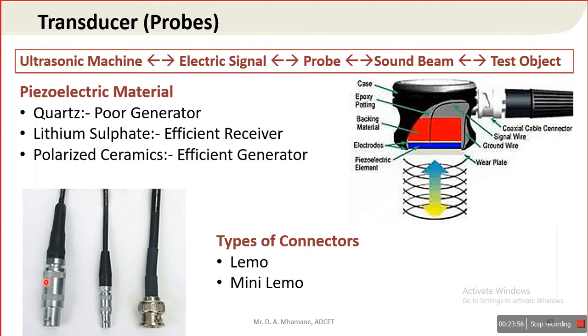It is similar to the LEMO, so it is called mini LEMO, which is smaller in size. And this third one is nothing but the BNC connector. So these are the three types of connectors which are used in ultrasonic testing.